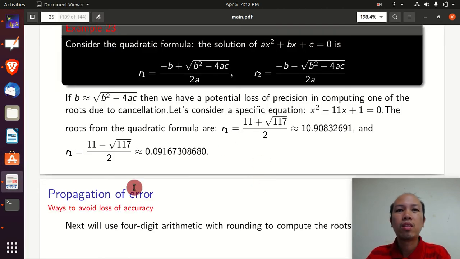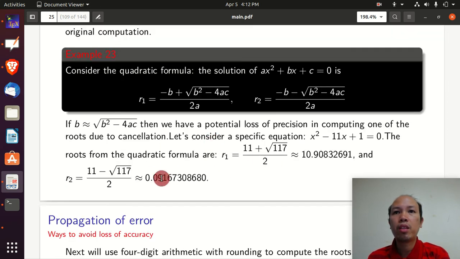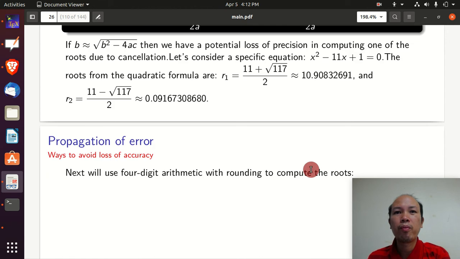Okay, so this must be r sub 2. We have 11 minus and 11 plus. Okay, so we have the correct notation, rounded to six digits. I think this is what you will see in your calculator.